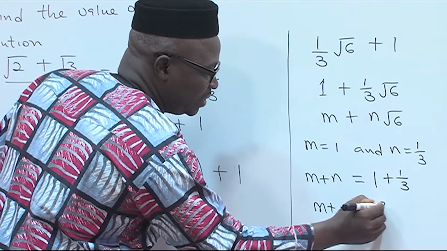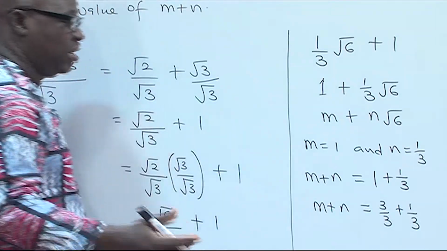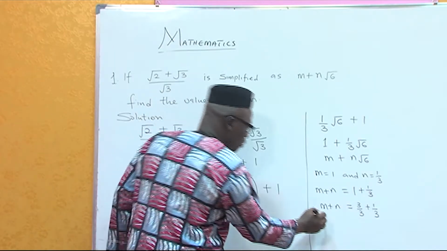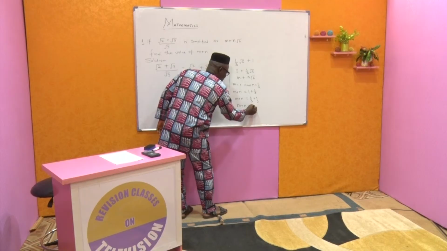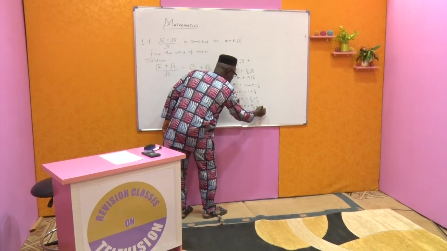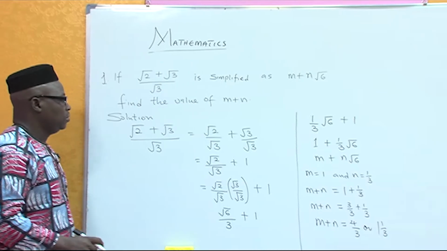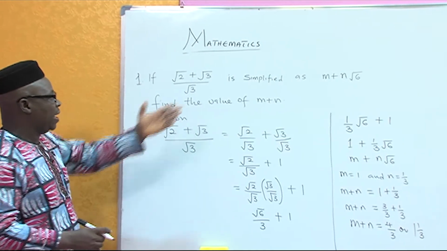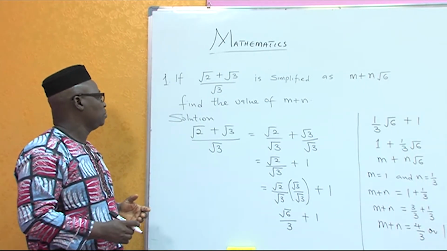My 1 can be written as 3 all over 3 plus 1/3. That is 3 all over 3 is still the same thing as 1. So the addition will finally be 4 over 3, or 1 and 1/3. So we've been able to find the value of m plus n as required by the question.